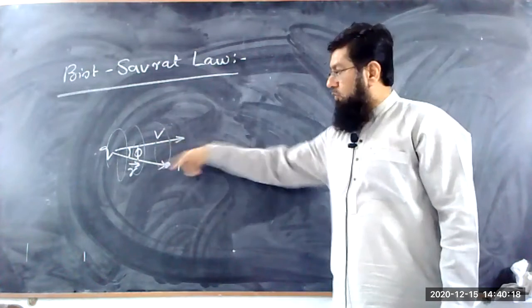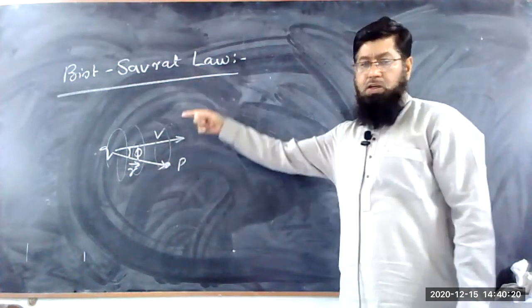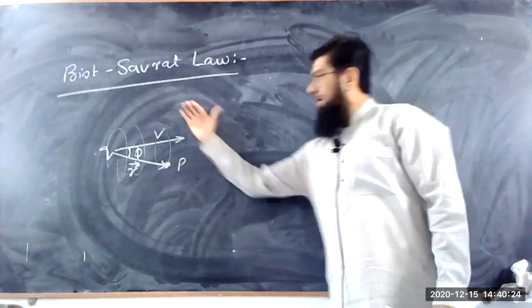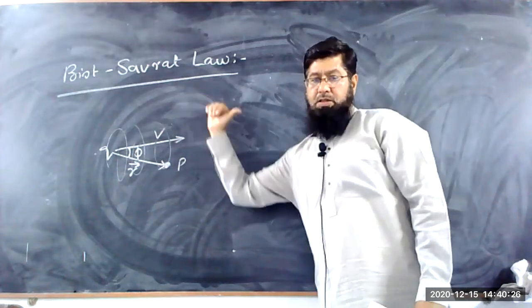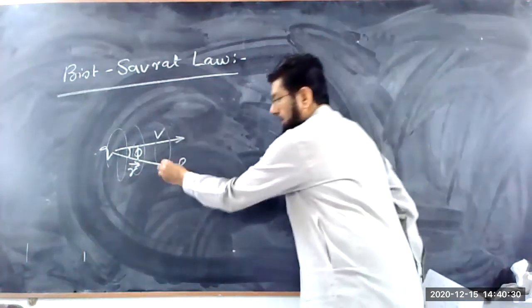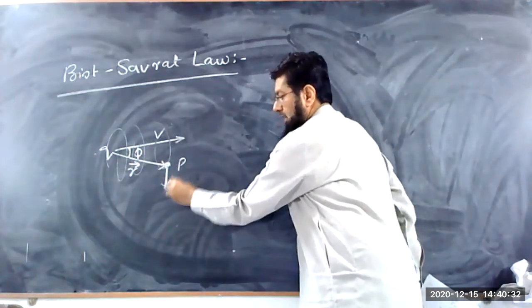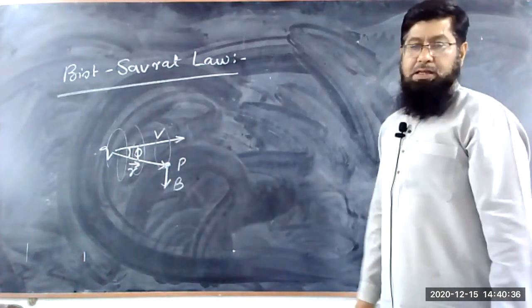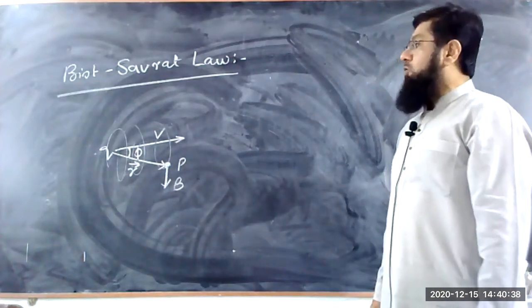The magnetic field is around the motion of the charge. If the charge is moving in this direction, the magnetic field will be around it. This will be the direction of the magnetic field, and we say this is B. So B is the magnetic field produced by the moving charge.